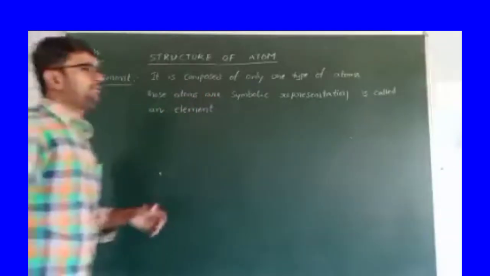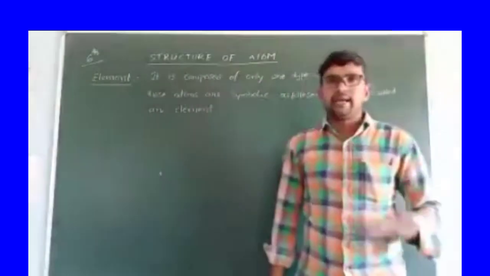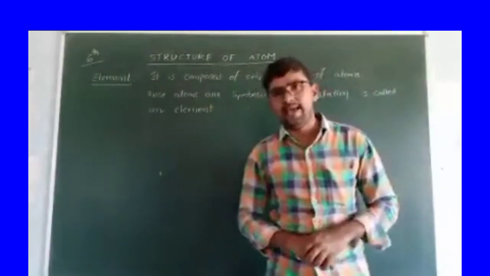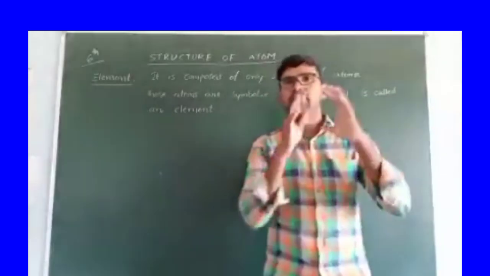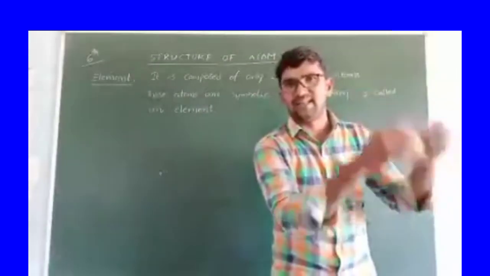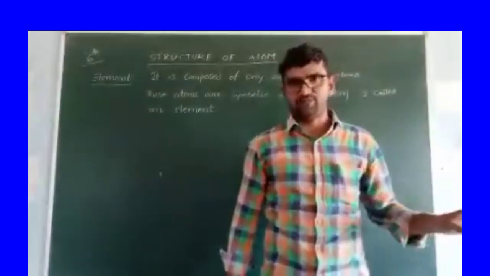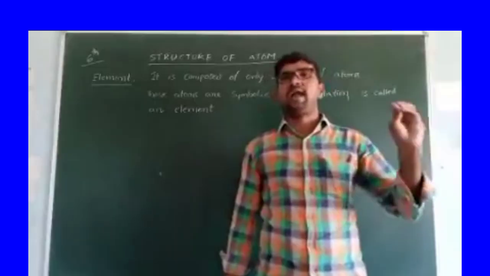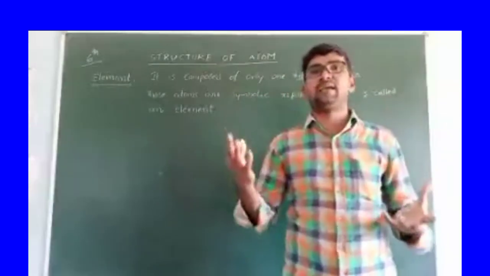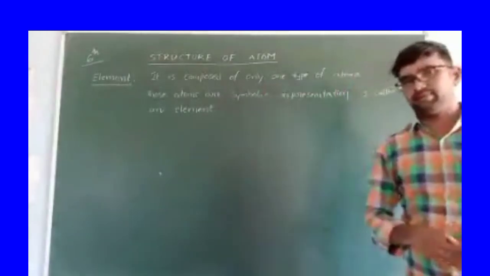For example, if you take an iron rod, in that iron rod only iron atoms are present. Simply, we use only one word: it is an iron rod, because it is composed of only iron atoms. So simply it is called iron. So it is an element, the symbolic representation of those atoms simply as iron. That is called an element.